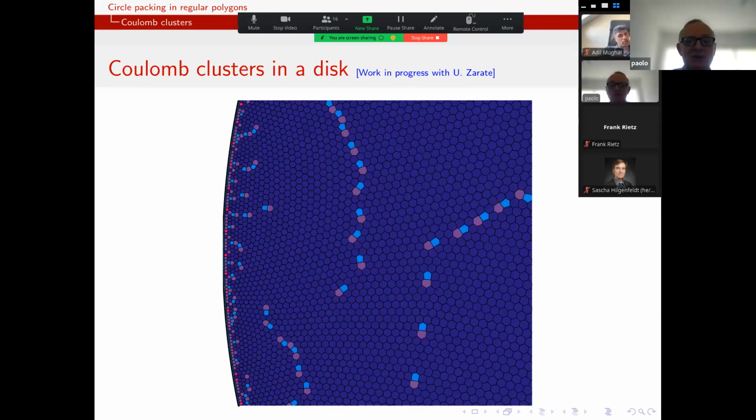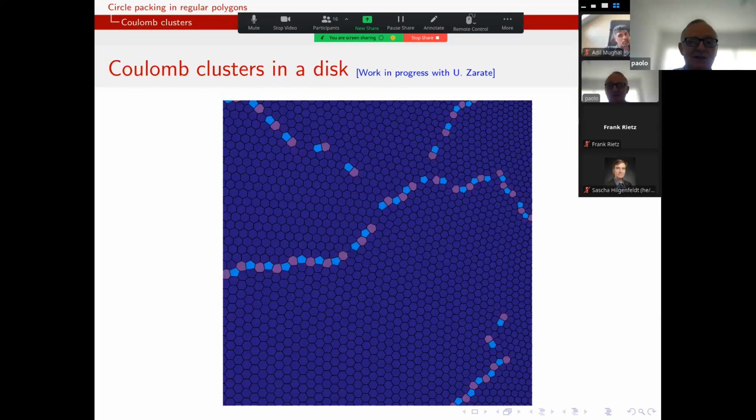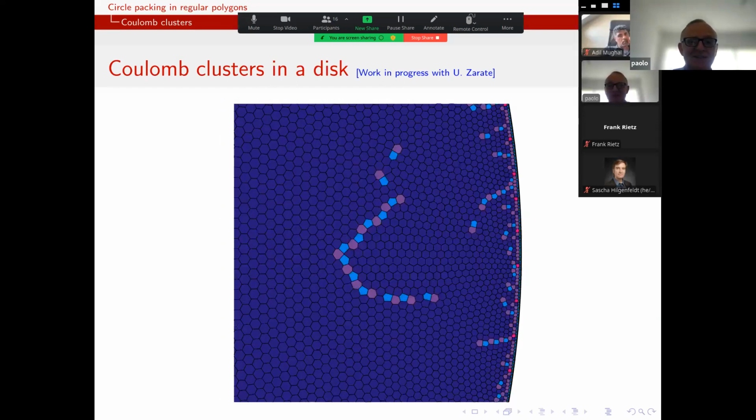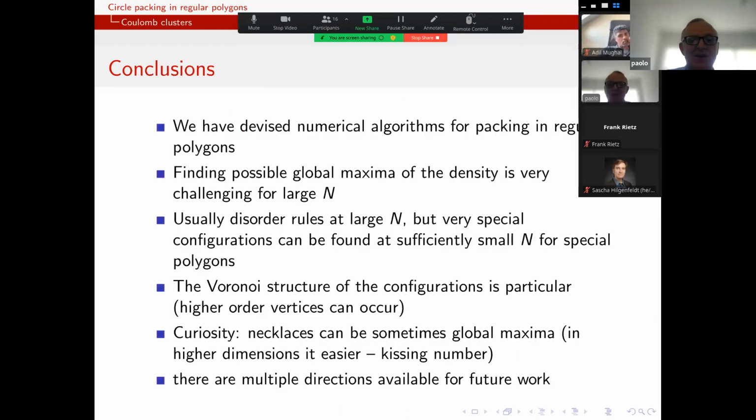So this is what we got so far. These are very nice behaviors and very nice Voronoi structure. And these are the conclusions. Of course, a good part of this work was done in collaboration with my student, and that's it.